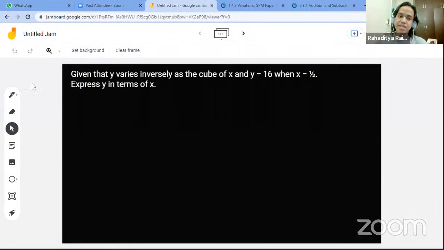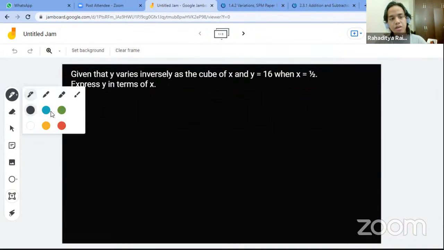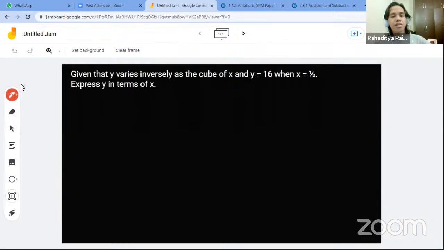Practical. Your questions will often look something like this. Given that y varies inversely as the cube of x, and y equals 16 when x is equal to 1 over 2, express y in terms of x. So when you write this down in the alpha form, which I showed just now, can someone tell me how the alpha form should look like?